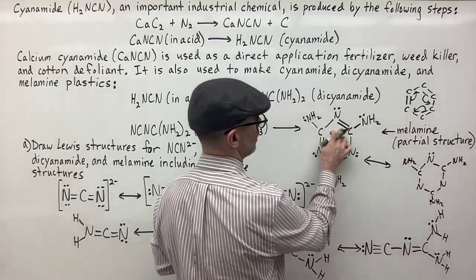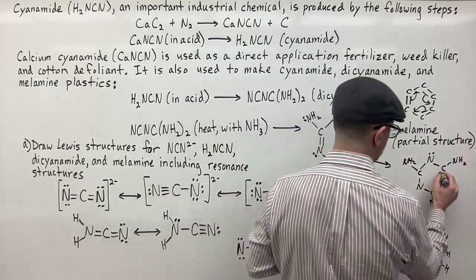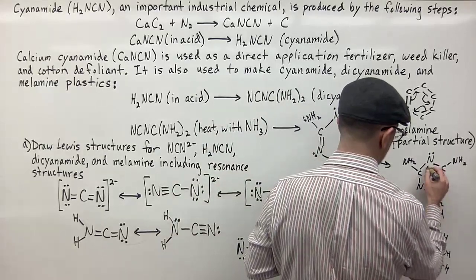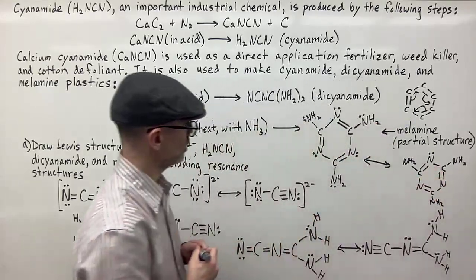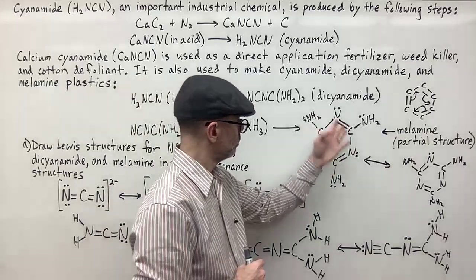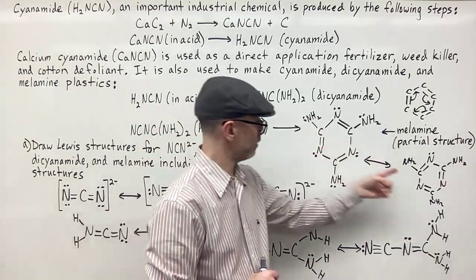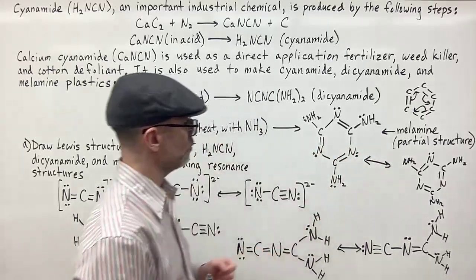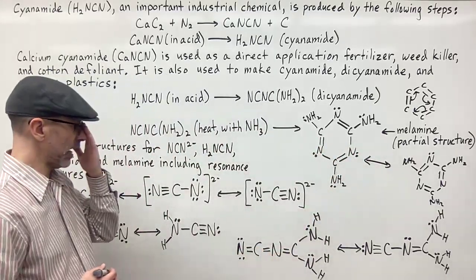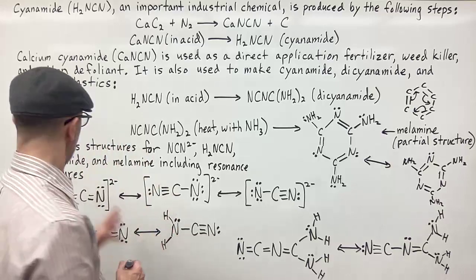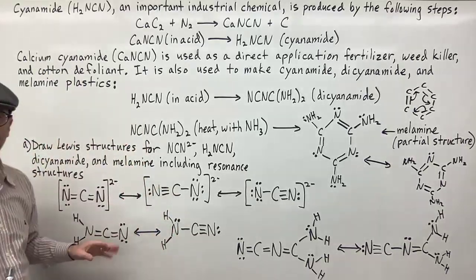So instead of having the bonds here, you'd have a double bond there, a double bond there, and a double bond there. So just like benzene. So the bonds can switch places here. So here we have 2 different resonance structures for melamine. Okay, so we have our resonance structures for everything. So we're done with part A.